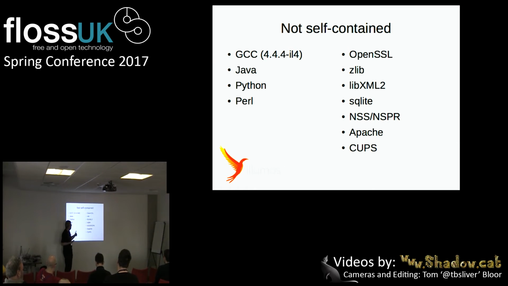And then, of course, there are things that we need to build against. For instance, all the encryption stuff, OpenSSL. A lot of facilities use XML. This is largely a function of their age. If they were written now, they'd use JSON. But we're talking about something written in the early 2000s.